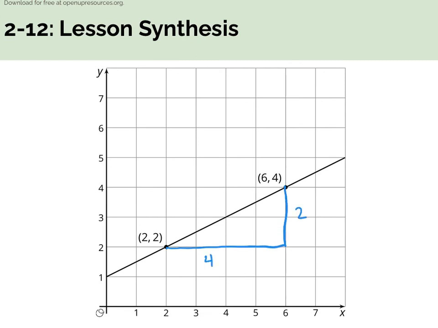We can count them, or we can do 4 minus 2, which equals 2, and 6 minus 2, which equals 4. So this is a way of finding the slope, or how the line is changing. The slope is that vertical distance over that horizontal distance.